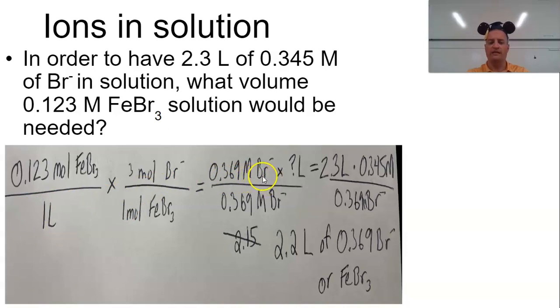Now I want to see if I have my volume of my concentration of bromine, how much volume of this 0.369 iron 3 bromide would I need? Dividing it by both sides, this will give me my volume. That I'd need 2.2 liters of the actual iron 3 bromide to get 2.2 liters of my 0.369 bromine ion.